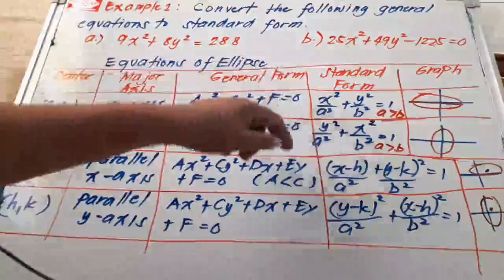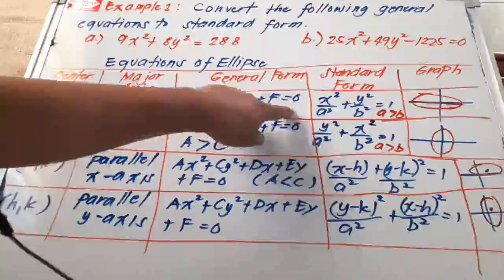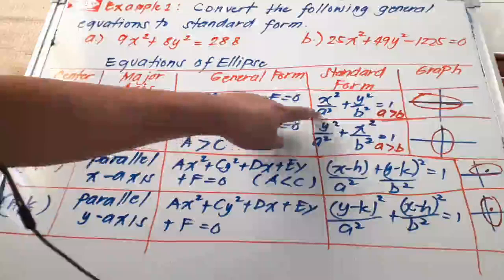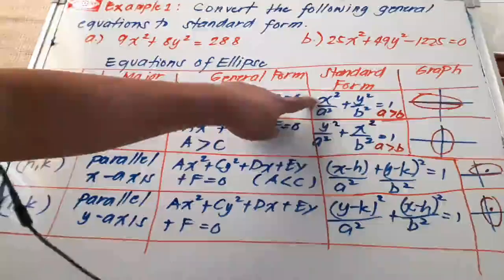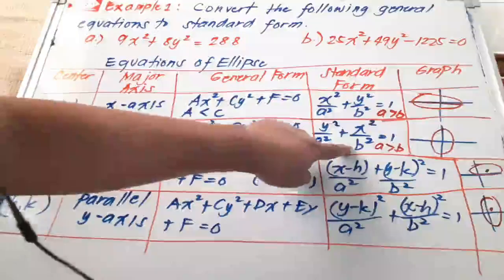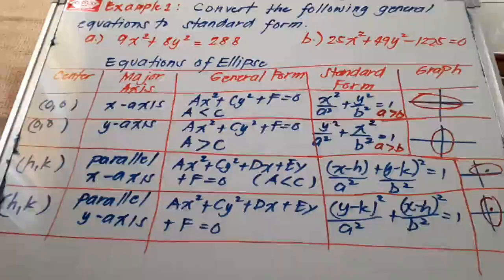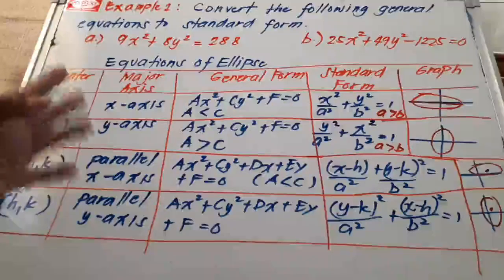While dun sa ating first equation, ang a squared is located dun sa denominator ng x squared. While this one, ang denominator ng x squared is b squared. Nag-interchange lang yung x squared and y squared. But take note of this, a is always greater than b.